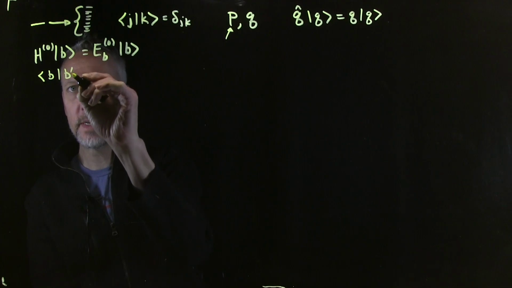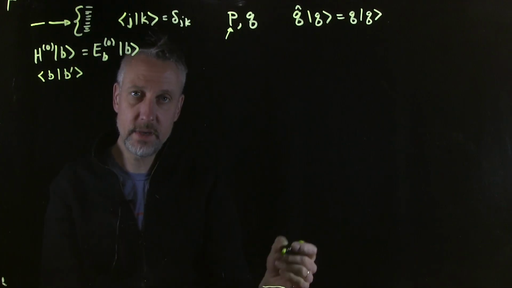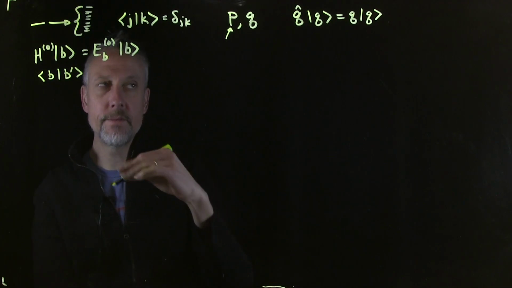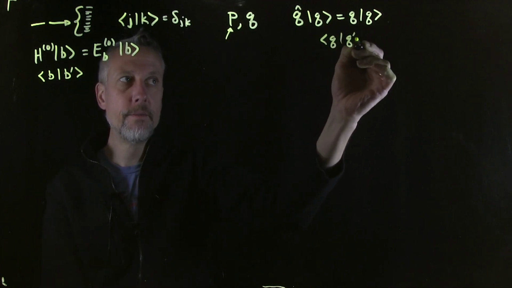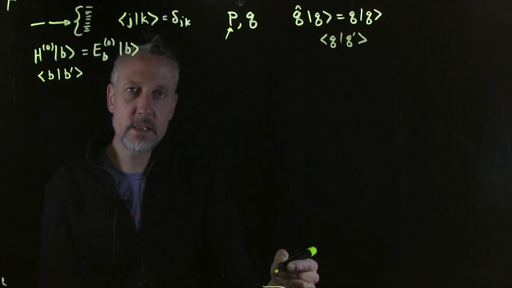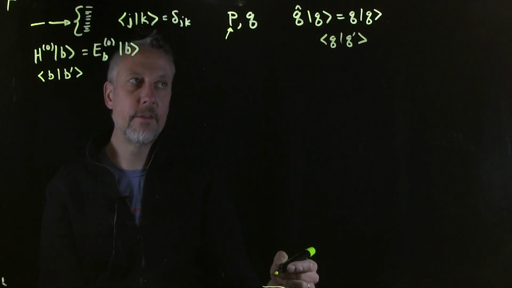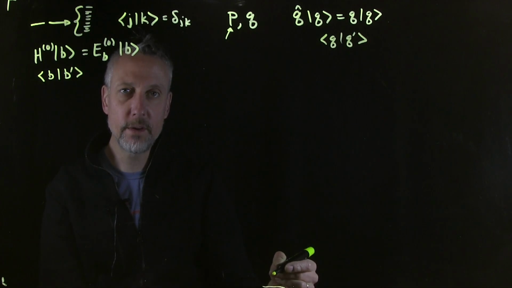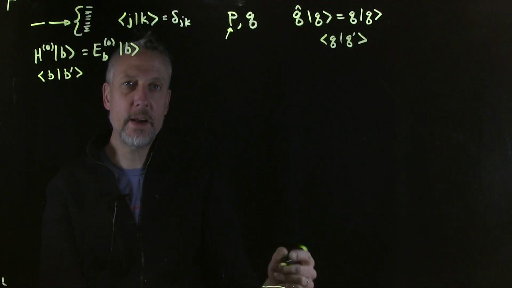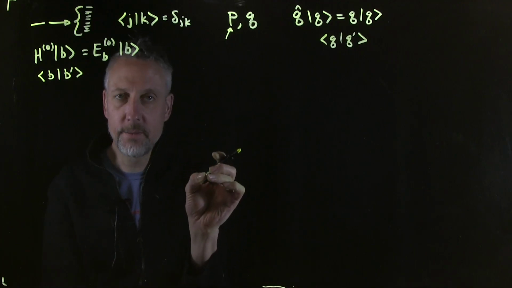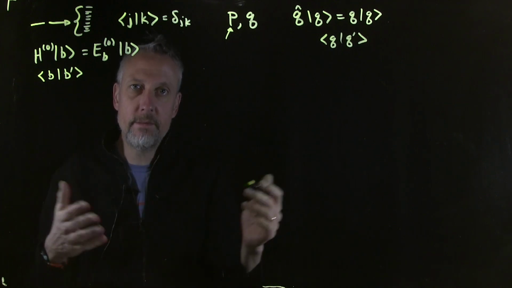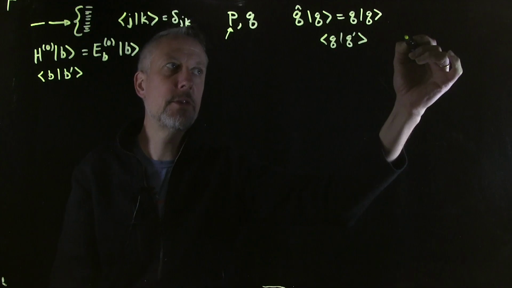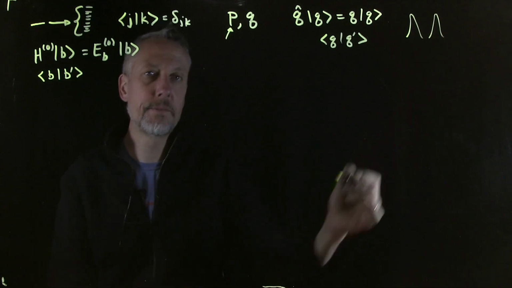We imagine that we take the scalar product between two states, B and B primed. And like you would have here, two different eigenstates of position are also orthogonal. The way to think about that is imagine that they're localized somehow, and as long as they don't overlap, then they will be different, like if I have two Gaussians, one here and one here.